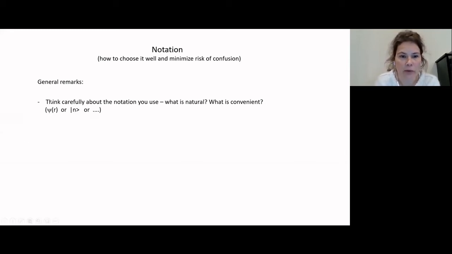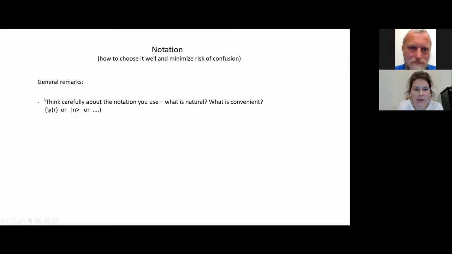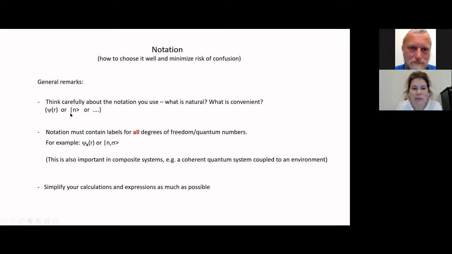Should you, for example, work in the position representation with simple wave function notation, psi of r? Or is it more convenient to work in Dirac notation? Are you interested in the eigenvalues of the Hamiltonian, for example? And imagine that these levels are labeled with n, then something like this might be more convenient. So think about what is convenient to use in each problem, because they're all different.